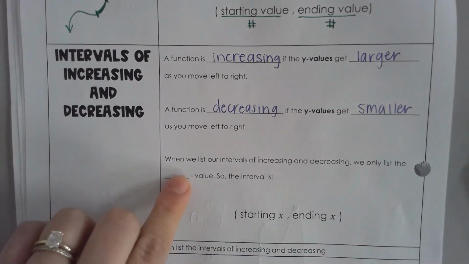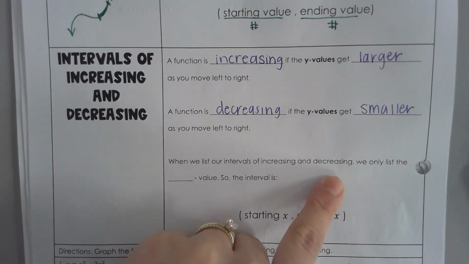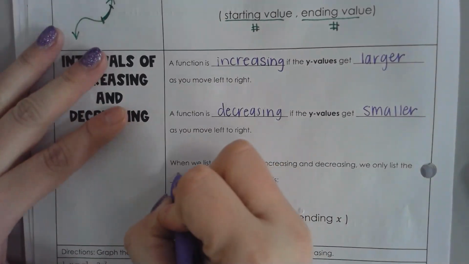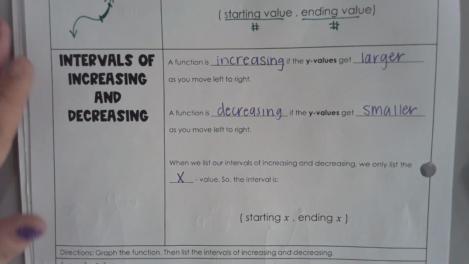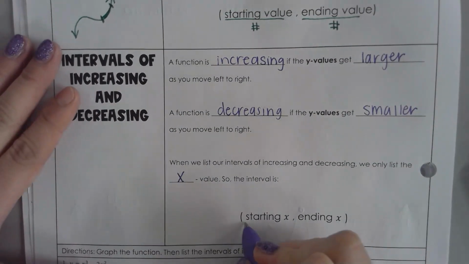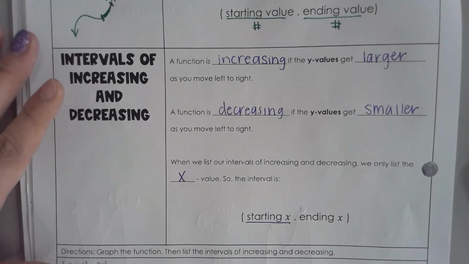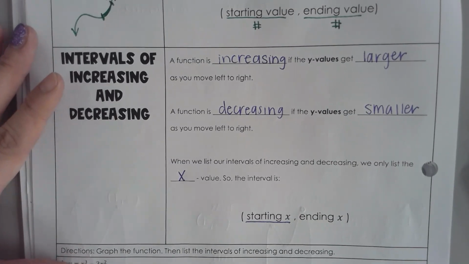When we list our intervals of increasing and decreasing, this is very, very important. We only list the x value. So basically, we're going to have an interval with our starting x. So where does it start increasing or decreasing, whichever? That's going to be a number. It's just your x value.